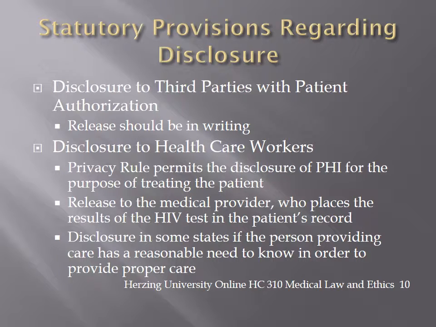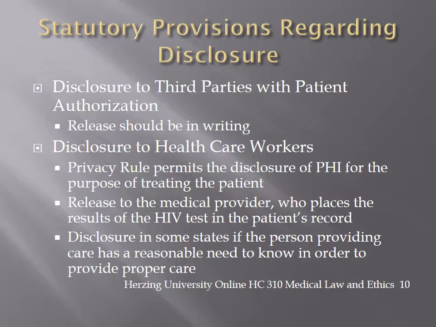Statutory provisions regarding disclosure. Disclosure of HIV/AIDS status may be disclosed in writing to third parties with the authorization of the patient. Disclosure to healthcare workers is permitted under the privacy rule if the disclosure is for the purpose of treating the patient.